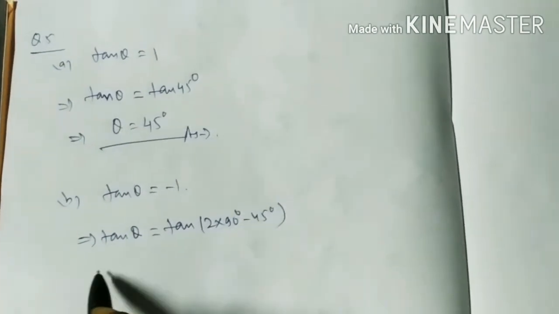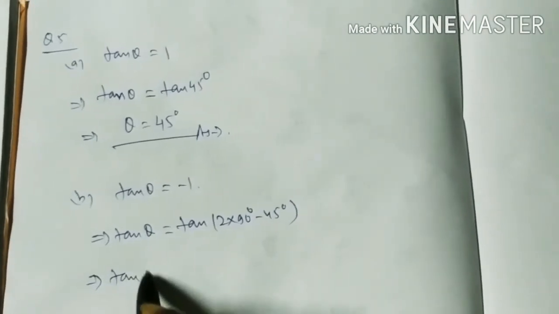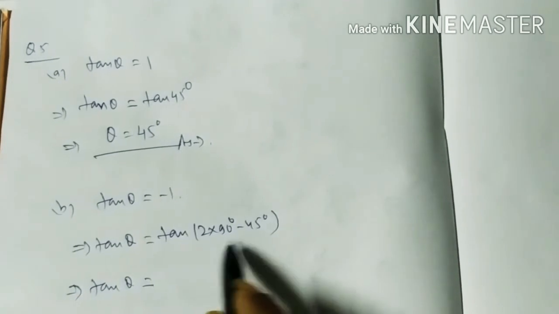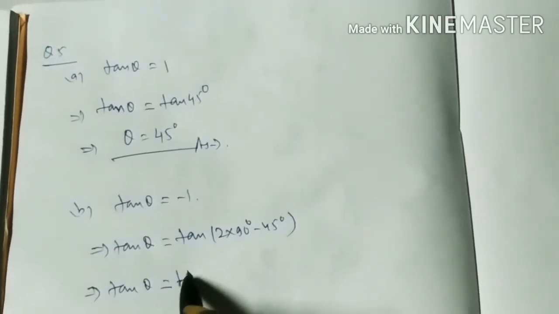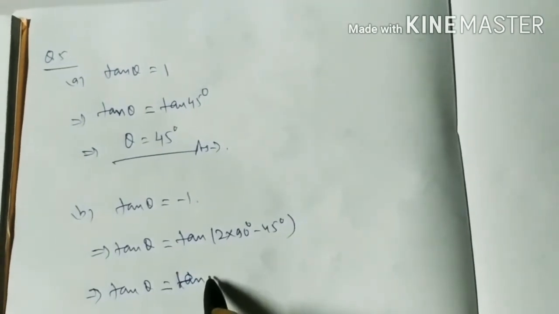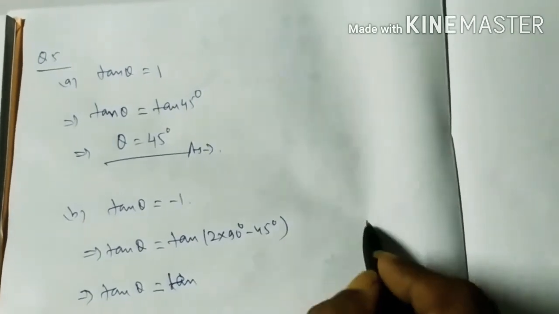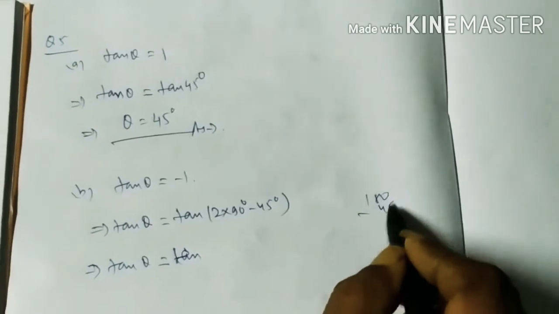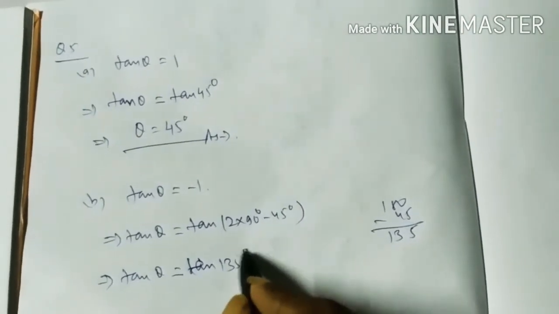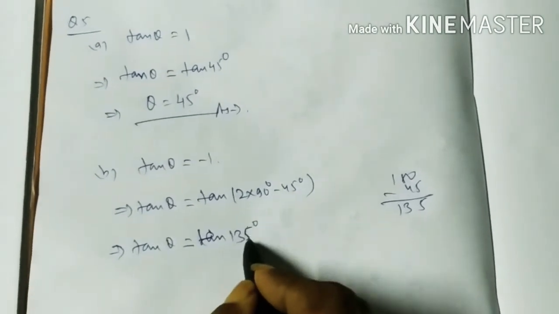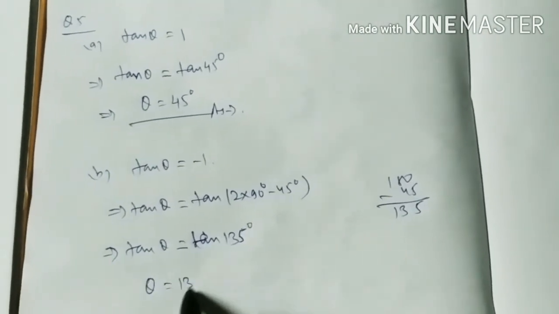So this comes out to be theta equal to 180 minus 45, that is 135. So your theta is equal to 135.